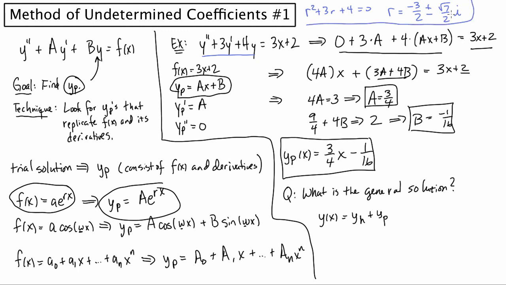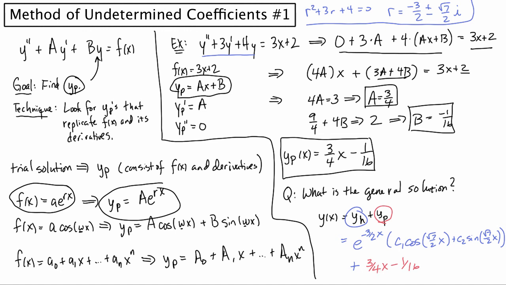But since those are the characteristic roots, then the homogeneous part of this problem is given by e to the -3/2 x, from the real part of the root being -3/2. And then we've got a c1 cosine square root of 7/2 x, because the imaginary part is square root of 7/2, plus c2 sine of square root of 7/2 x, plus the y sub p part in red, which is what we just came up with as 3/4 x minus 1/16.